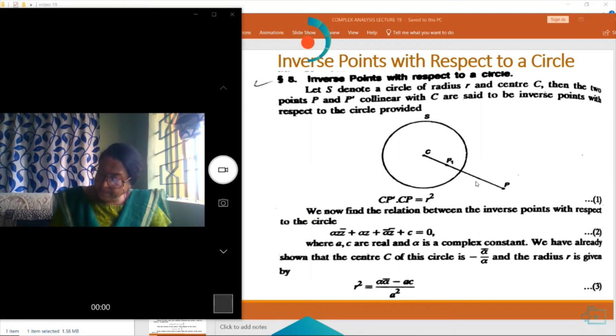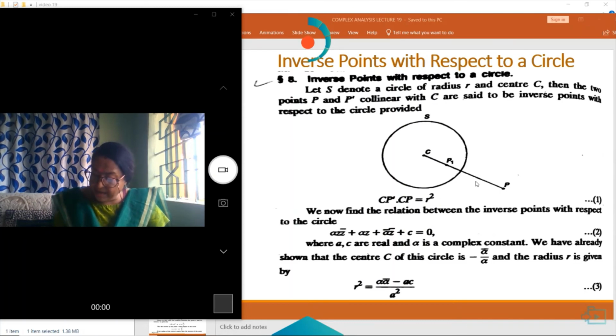We are to show that the center C of the circle is minus alpha bar by A, and the radius r is equal to the square root of alpha alpha bar minus AC by A square.